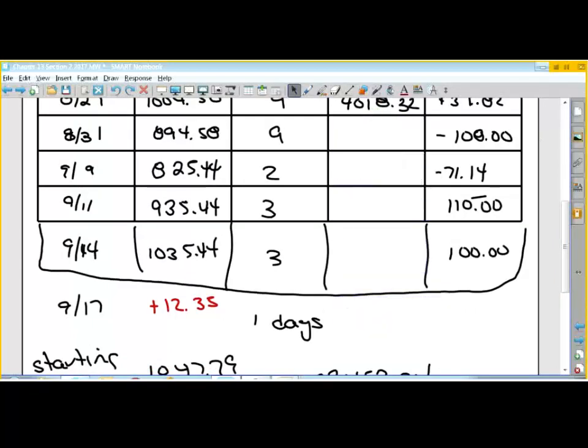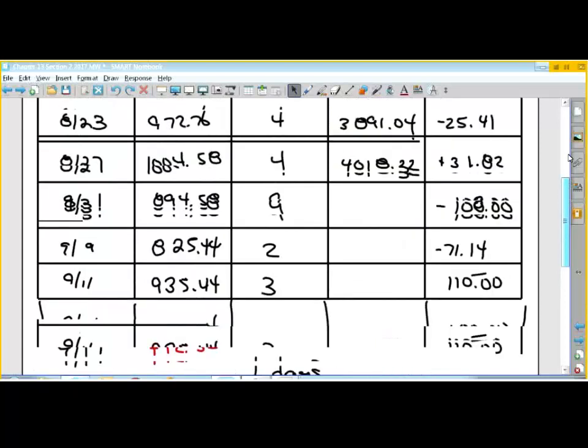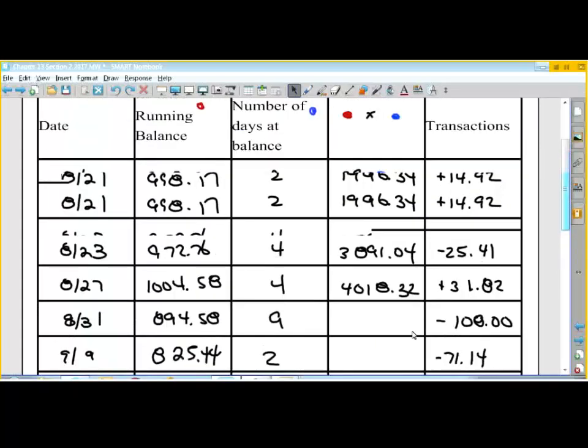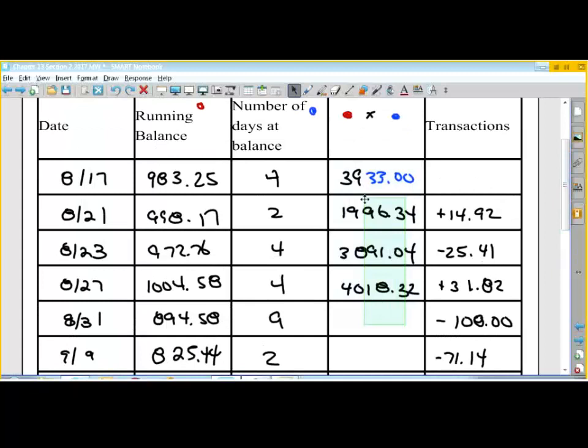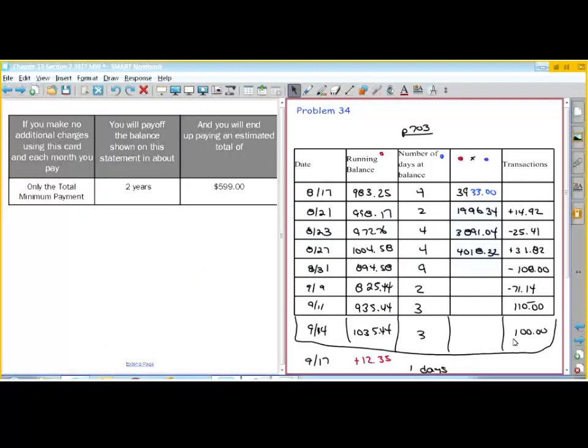I'm going to erase the row that has the... Let me zoom out a little bit so I can get a better idea. There we go. That's what I wanted to do there.